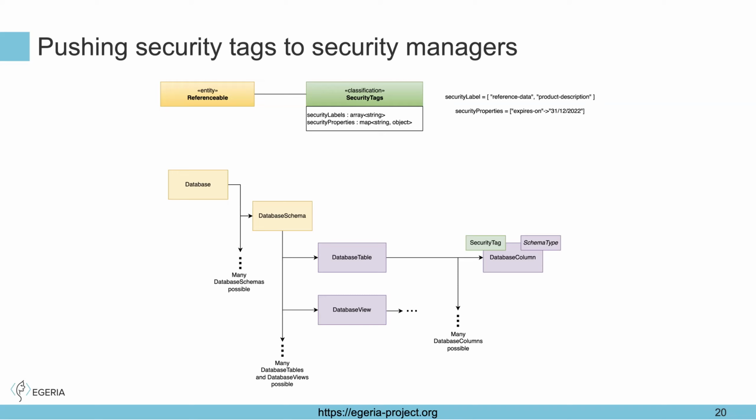And so we have a classification called the security tags classification that can be used to populate such an access control system, and Apache Ranger is an example of that. So that we can push those tags out to the access control system.